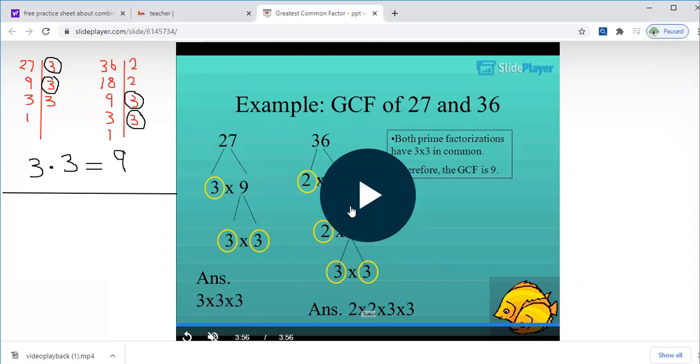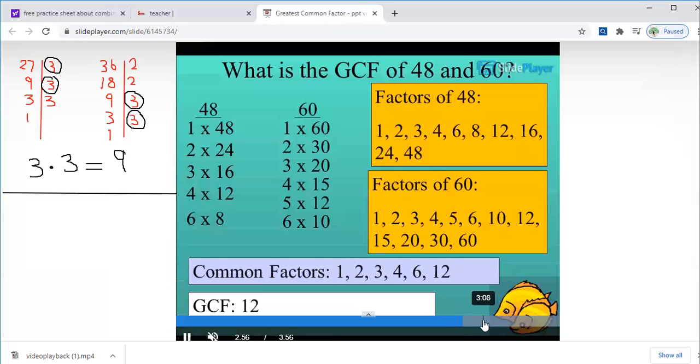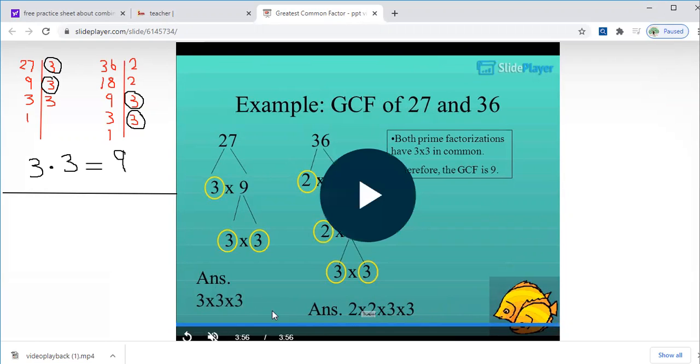Which numbers are common between both? So we will discover that we have 3 and 3. So the answer, or the GCF, will be, because here I have 3 and 3, and I have 3 and 3, so the GCF will be equal to 9.